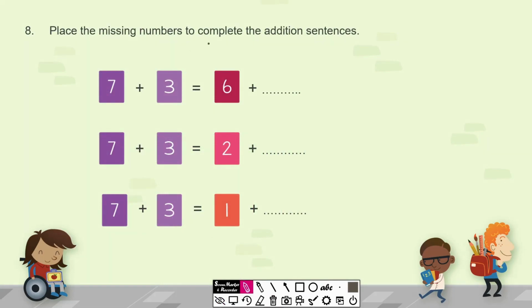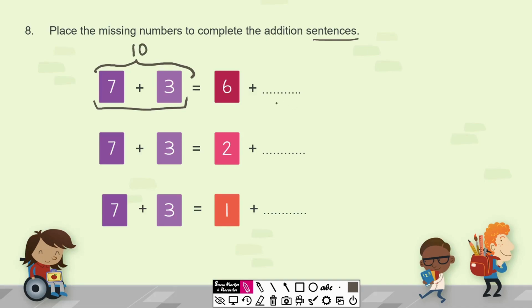Place the missing numbers to complete the addition sentences. Okay. So, 7 plus 3 is equal to 6 plus. Tell me quickly. They should be equal to each other. So, 7 plus 3 is equal to 10.